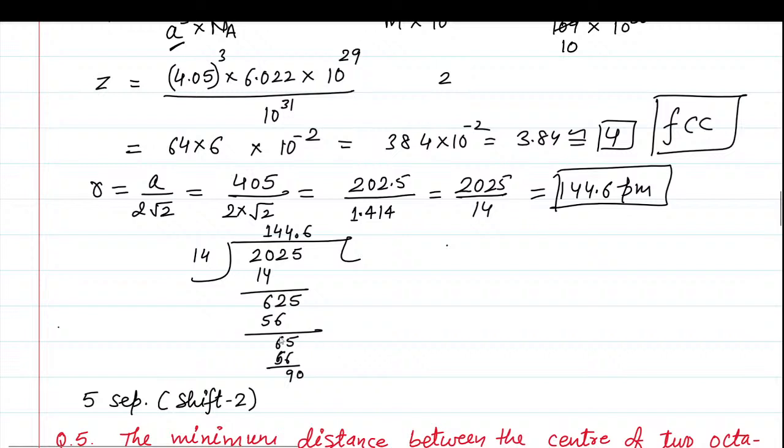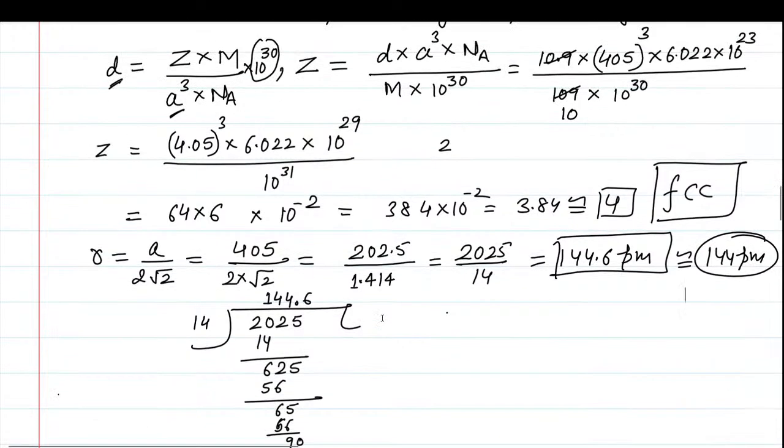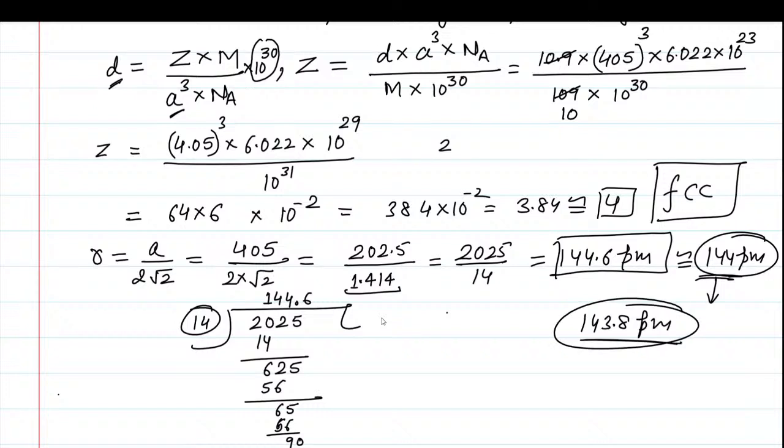You can take it as roughly 144 picometer, but less than that, because 1.414 is taken as 1.4. That's why the value is less than 144. You can write it as 143.8 picometer or like that, because there is a range of numbers. So if you intelligently guess it, then the answer is close to it and you will get full marks.